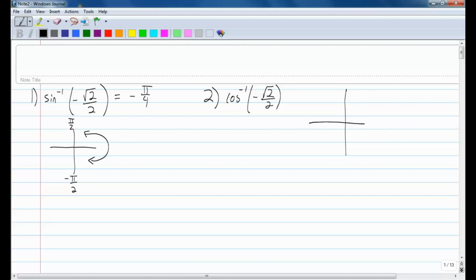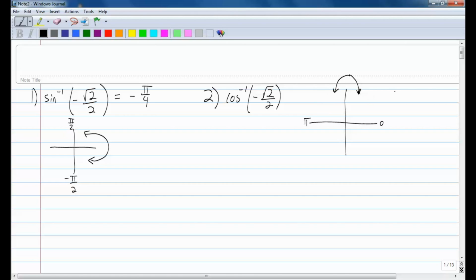It can also be an endpoint. So if we take the inverse cosine of something that's positive, we want the angle measured from the first quadrant. If we take the inverse cosine of something that's negative, we want the angle from the second quadrant. So this is the inverse cosine of something that's negative, so I want the angle measure in the second quadrant.